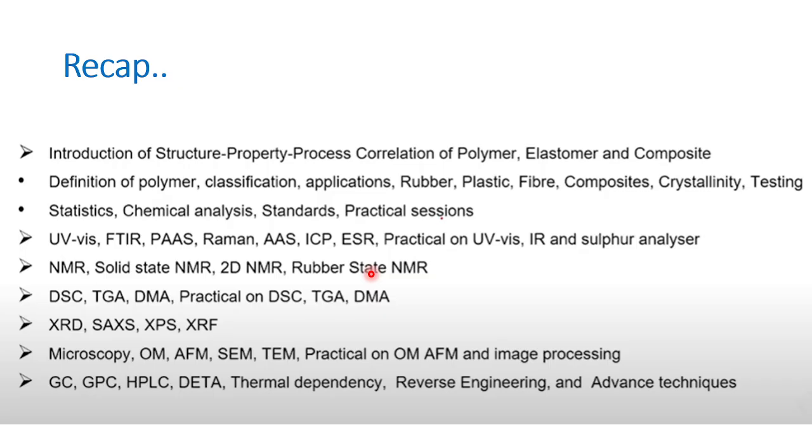So spectroscopy is a single point analysis, but image processing is multiple point data. We have also discussed different chromatography, that is gas chromatography, gel permeation chromatography or size exclusion chromatography, high performance liquid chromatography HPLC, and DETA, dielectric thermal analysis. And also we have discussed how reverse engineering is actually done.